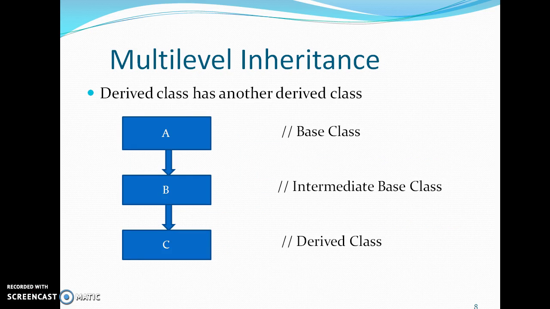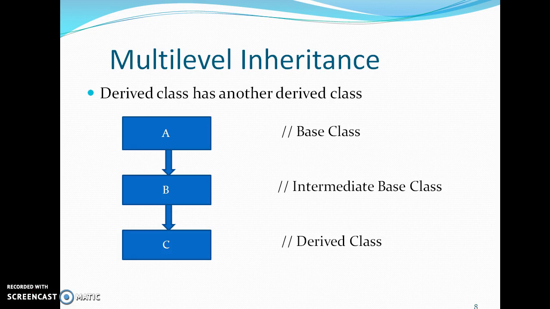And the next type of inheritance is multi-level inheritance. It is a mechanism of deriving a class from another derived class. Let me explain this definition. You can see this example here.